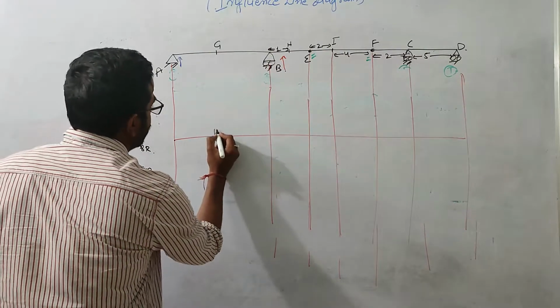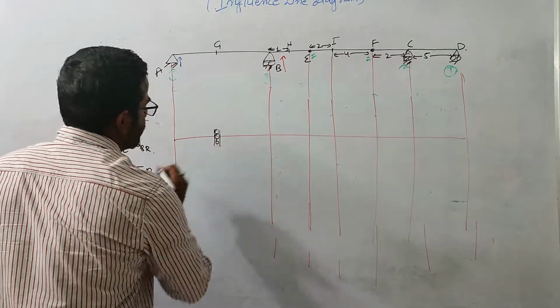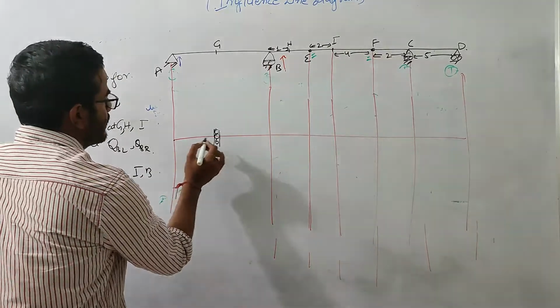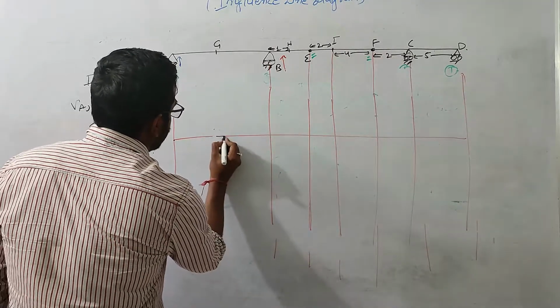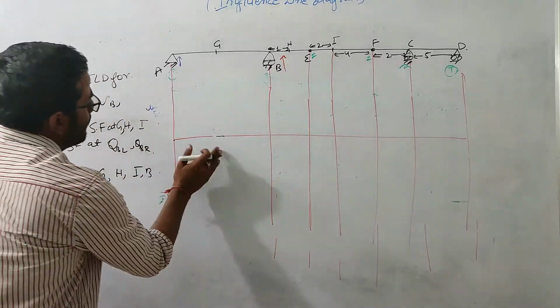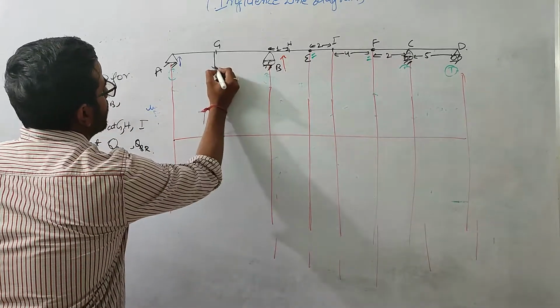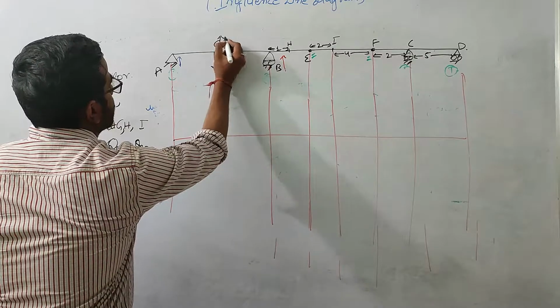I'm providing a roller support at this point. This support will result in releasing of the shear force. Now I'm removing it over here, and at this point the shear force will look like this.